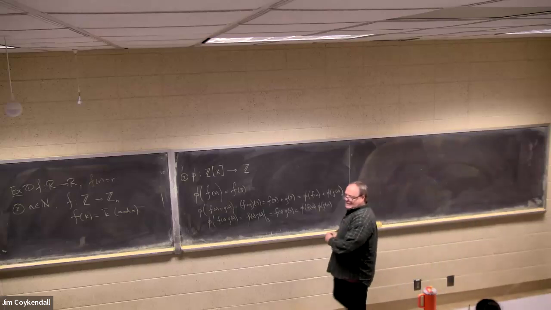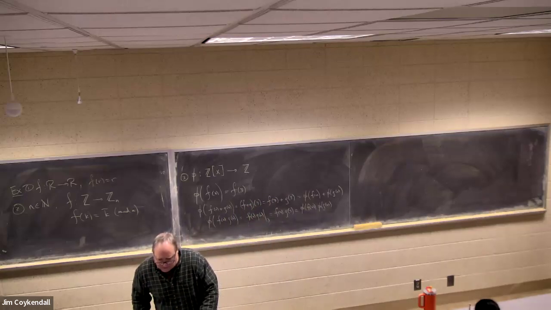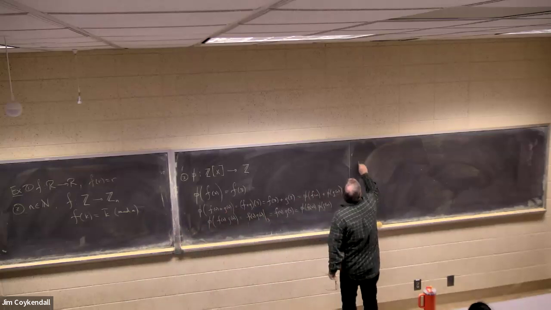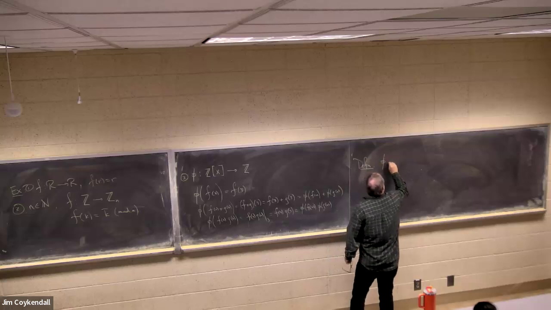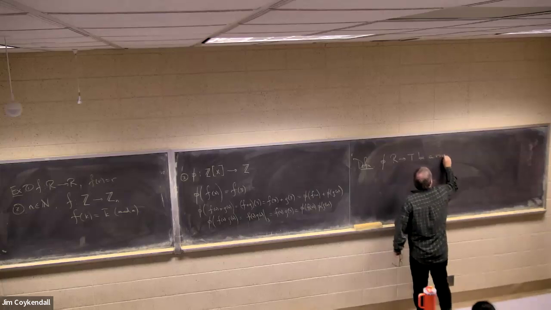So let me wrap up with a definition and a remark. Definition. Let P from R to T be a ring homomorphism.